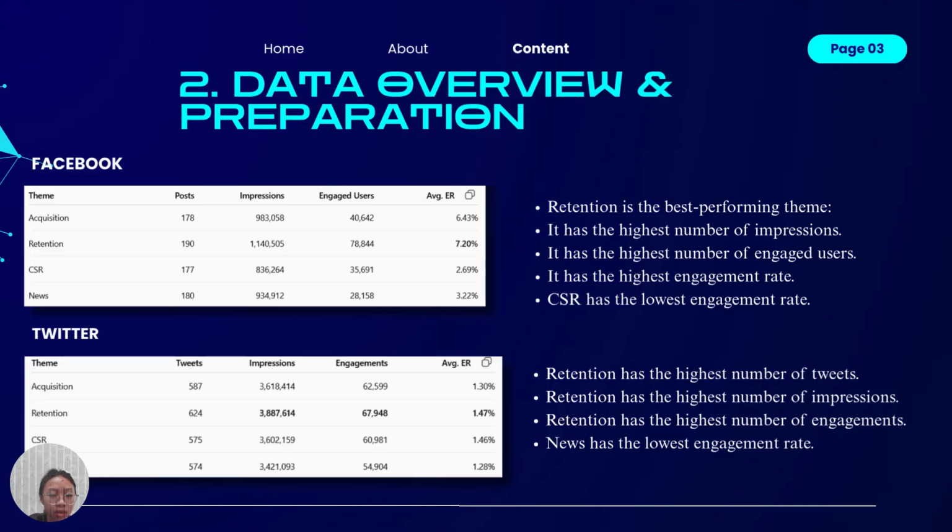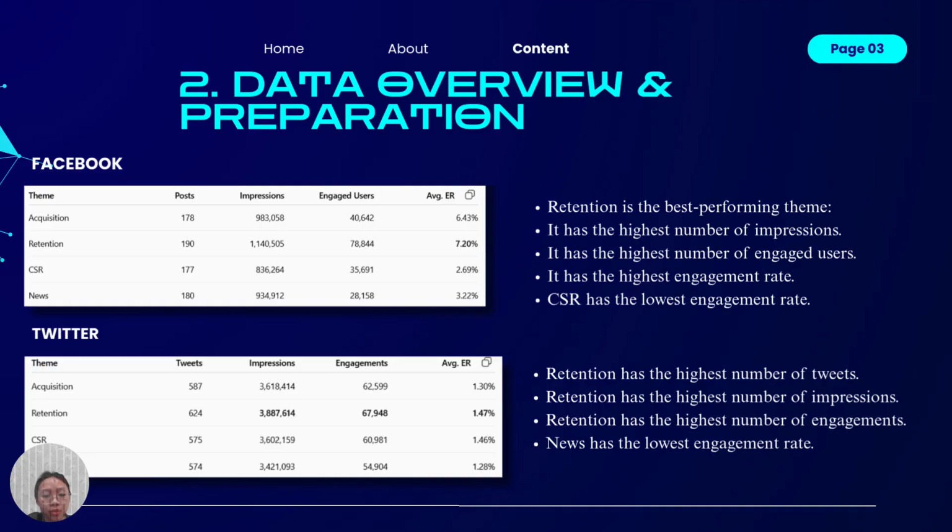Similar to Facebook, the retention theme dominates across the board, recording the highest number of tweets, 624, impressions, nearly 3.89 million, and total engagements, 67,948, along with a high engagement rate of 1.47%.